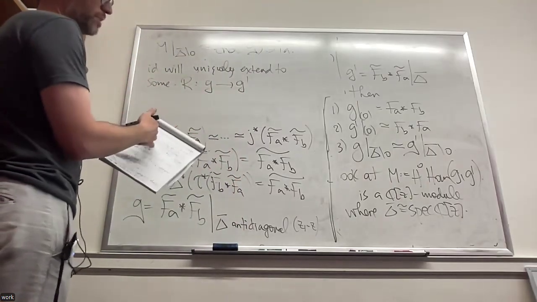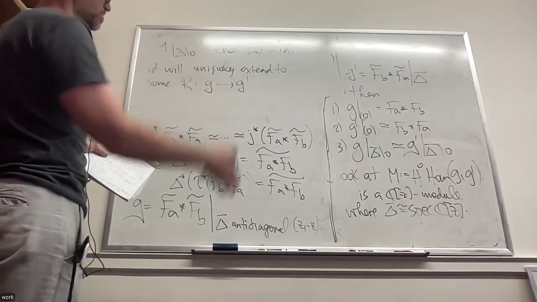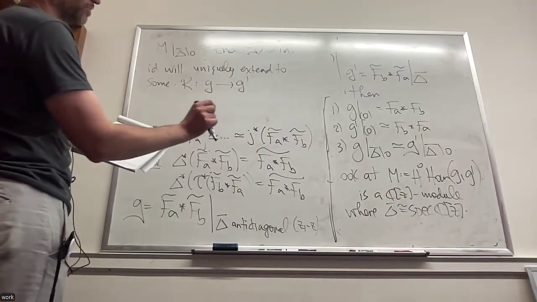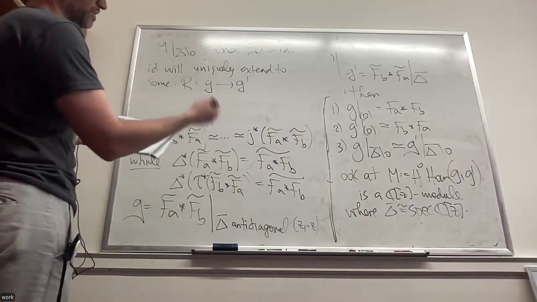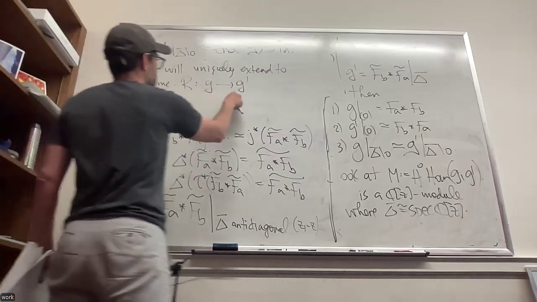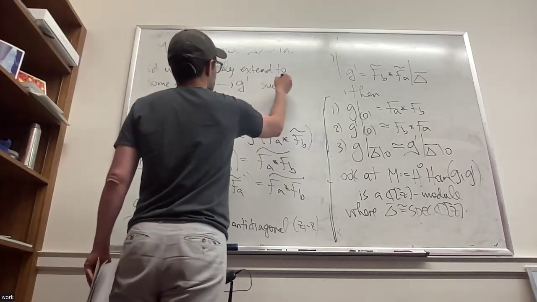But of course, if you multiply by a huge number of Z's, then when you restrict to Z equals 0 it will be 0. So you take the minimum number so that it's not 0, to some R such that its restriction is not 0.